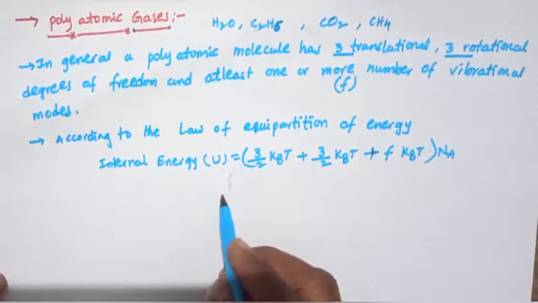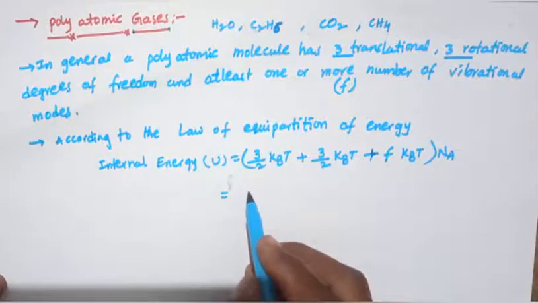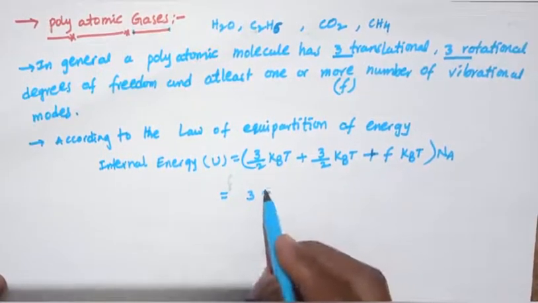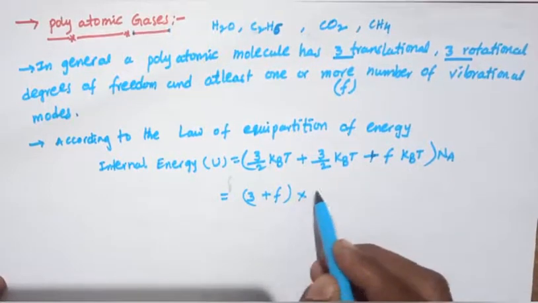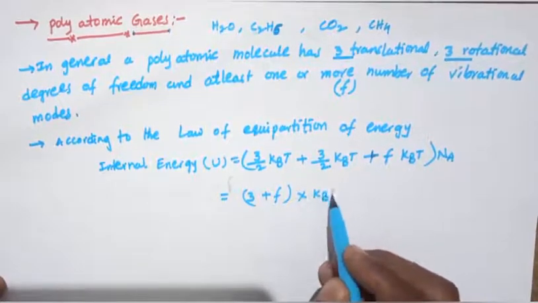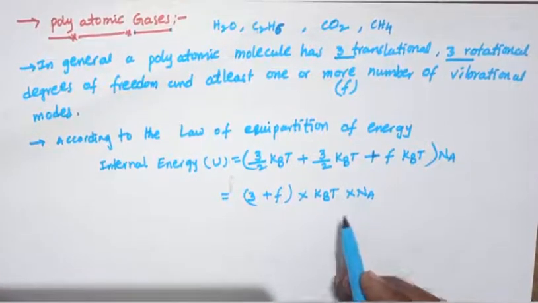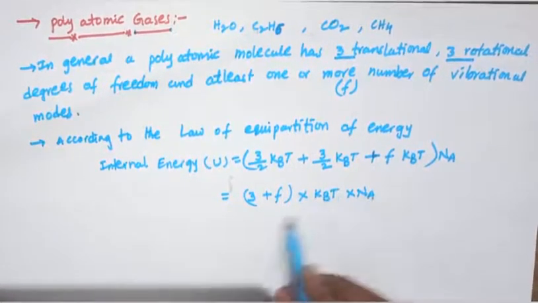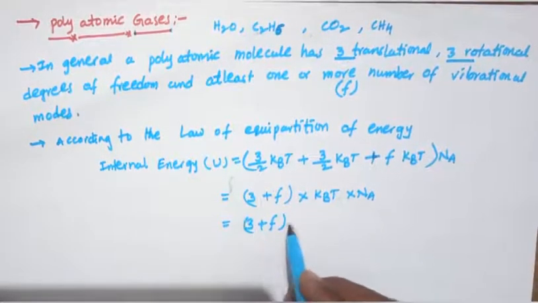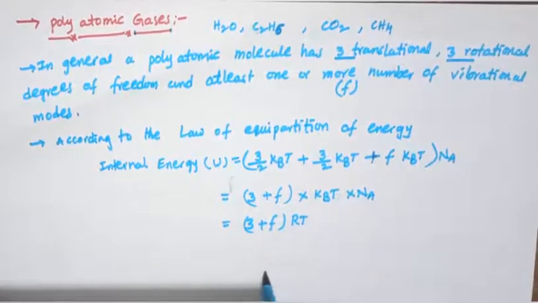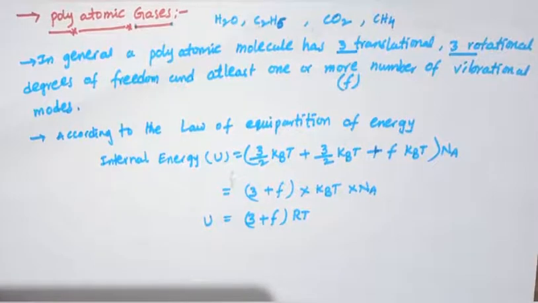That equals (3 by 2 plus 3 by 2 plus f) kBT into Na. Here kB into Na equals R, so U equals (3 plus f) RT, the total energy.